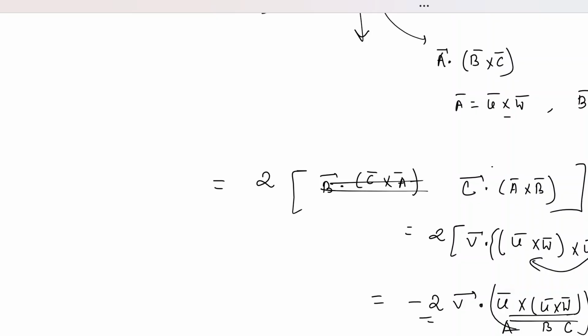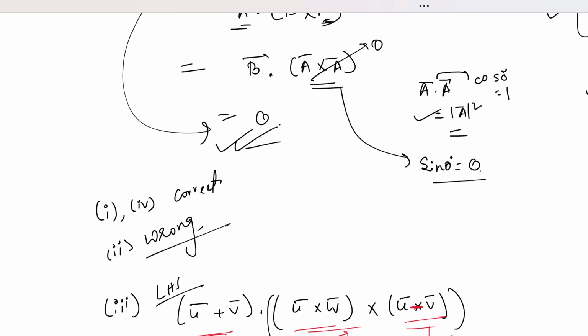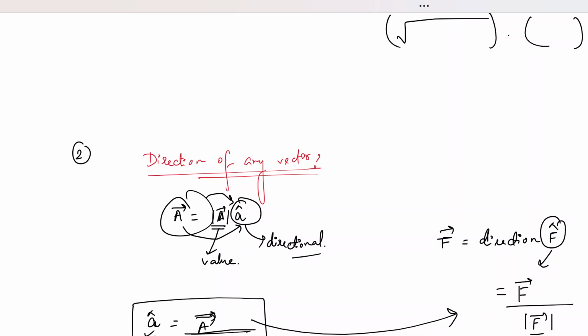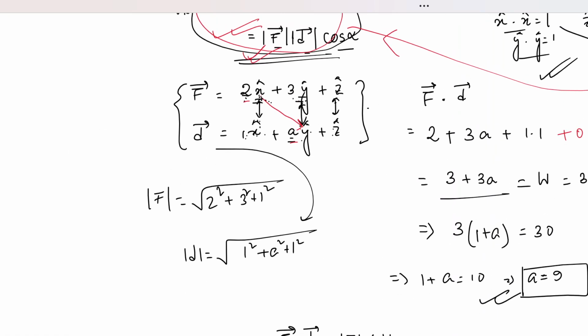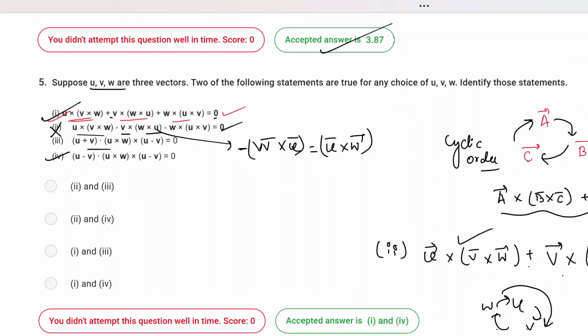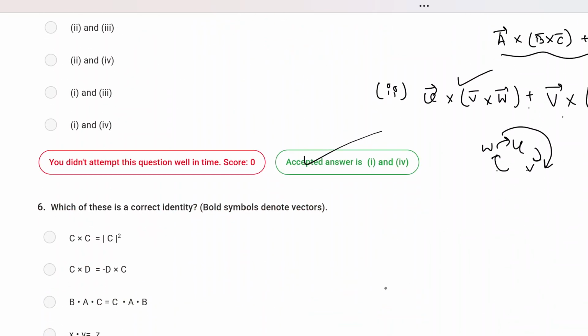So you see that this is a non-zero form you are getting at the end. This is just a derivation I did so that you can get the idea how to proceed with any kind of vector expression given to you by using simple identities that are known to you. Anyway, our answer is already derived, that only statements number 1 and 4 are correct, 2 and 3 are incorrect. This also matches the answer given.